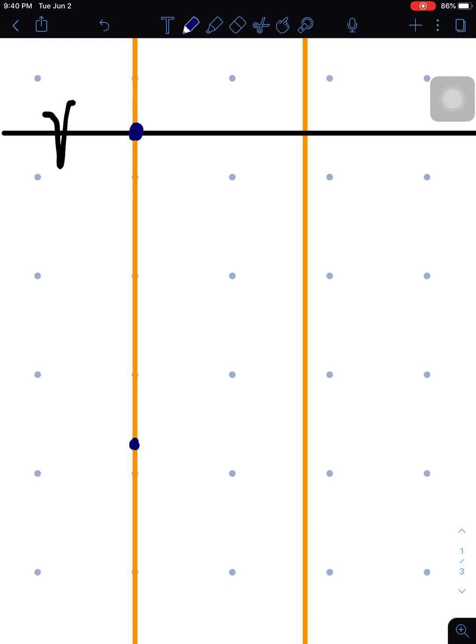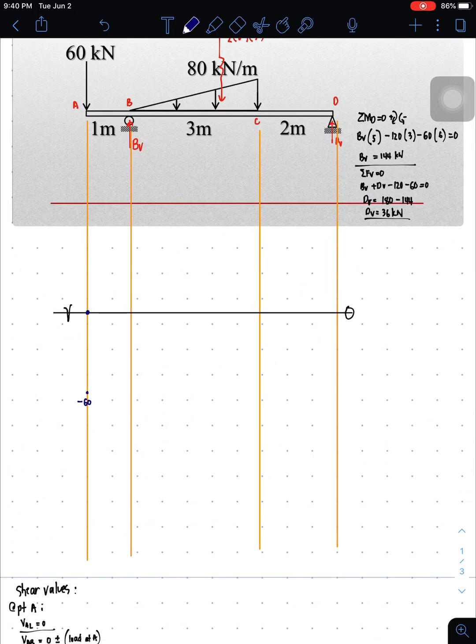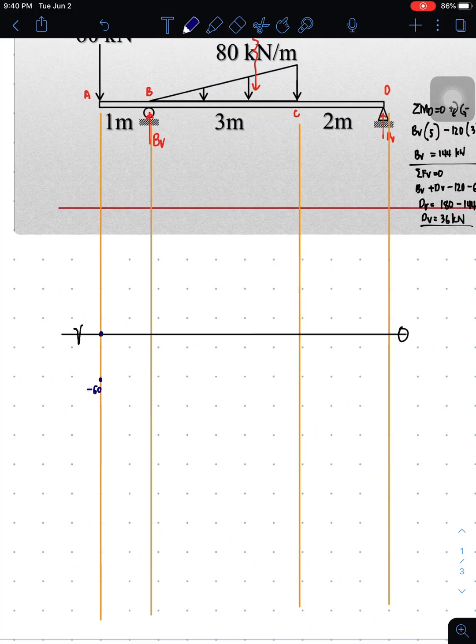So negative 60. I'll place it like this, negative 60. There. Next, let's go to point B.